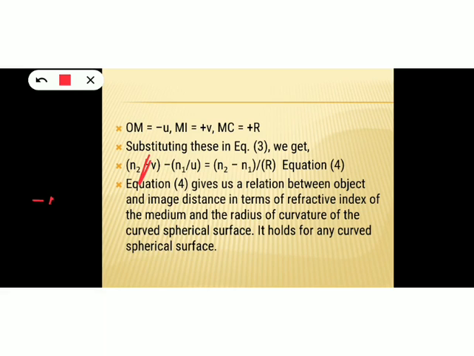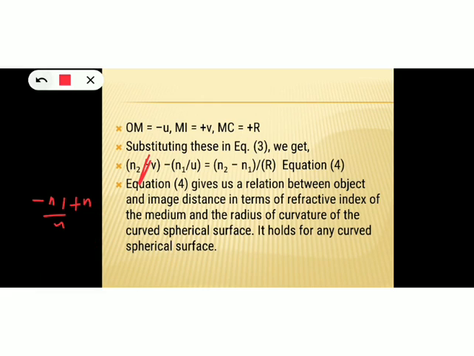We got minus n1 by u plus n2 by v actually, and they have just written n2 by v in the beginning. So n2 by v minus n1 by u equal to n2 minus n1 by R. Okay, so this is our equation 4.